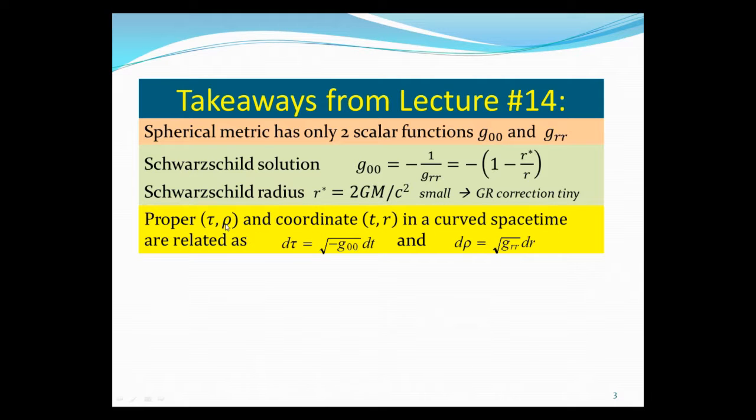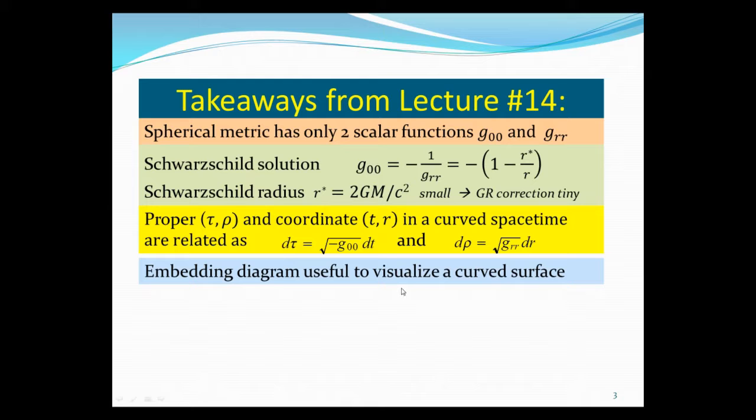And the proper time and proper radius are related to coordinate time and coordinate radius in a curved space in this way, because g00 is no longer equal to -1 and grr is no longer equal to 1. So they differ by this square root factor.